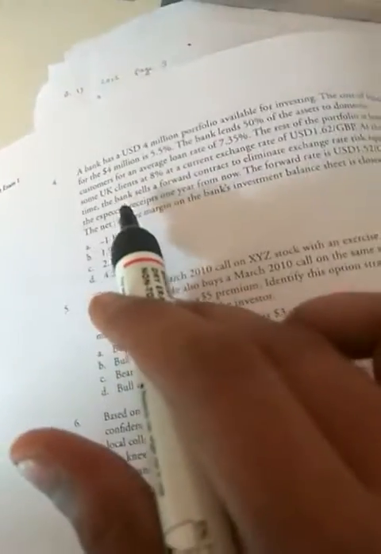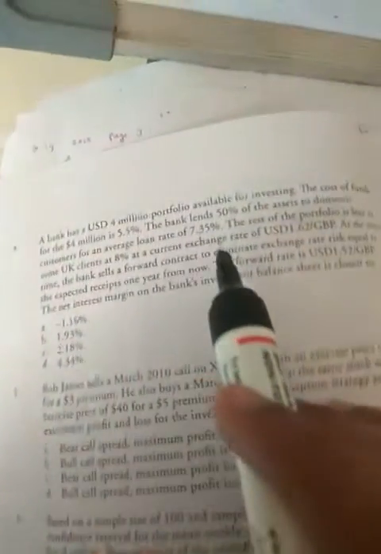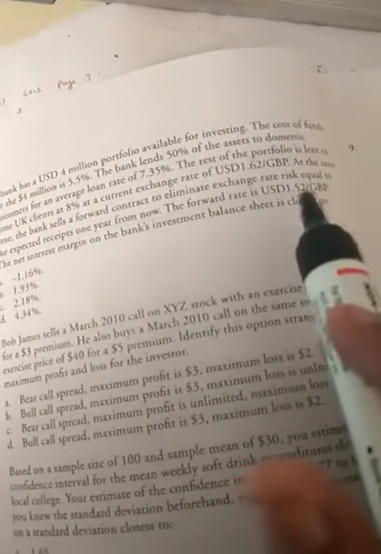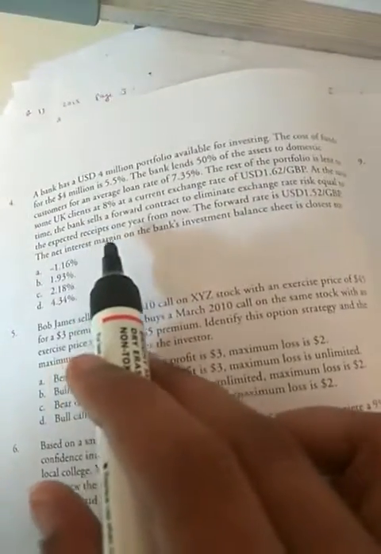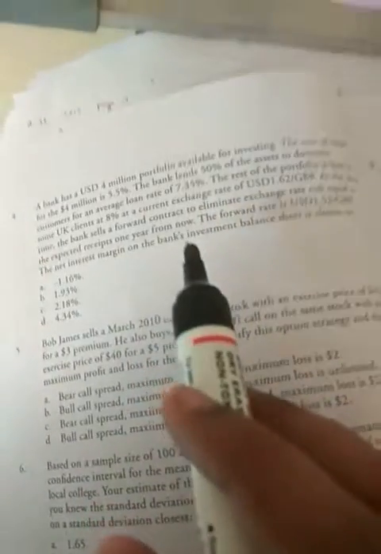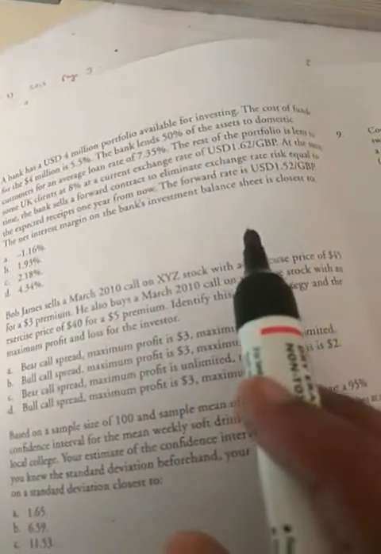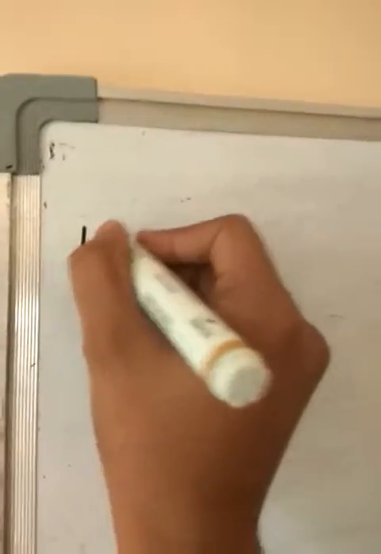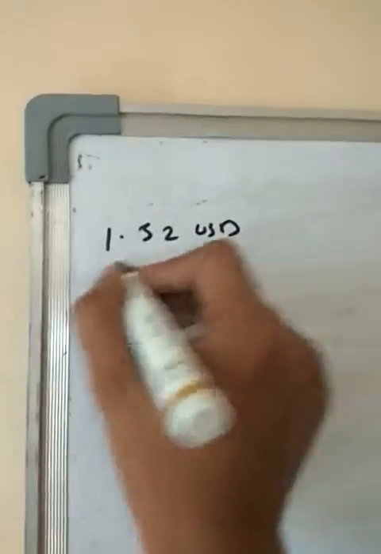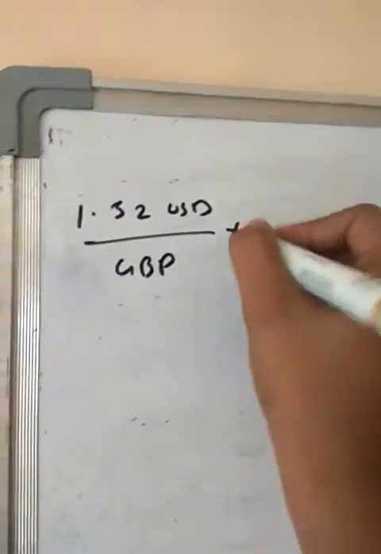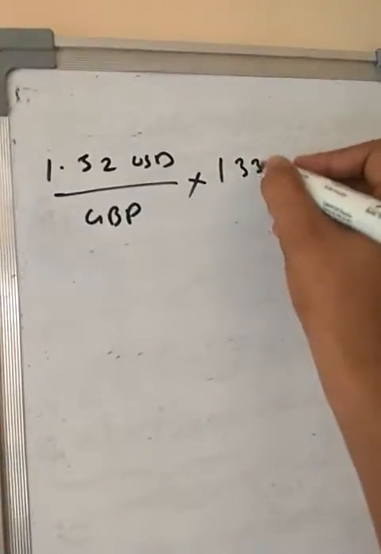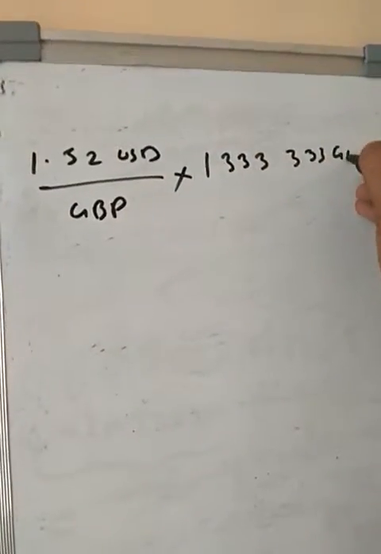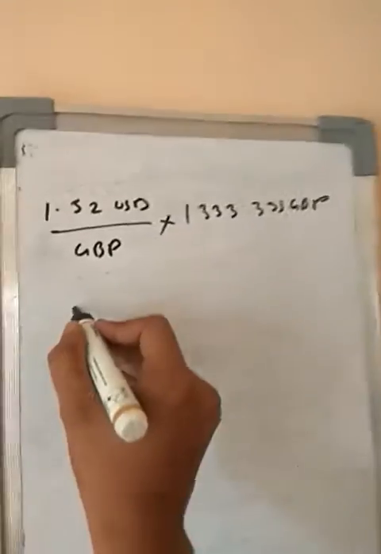We are going to read the question once again. At the same time, the bank sells a forward contract to eliminate exchange rate risk equal to the expected receipt 1 year from now. So the bank has sold one forward contract at a forward contract rate of 1.52 USD per GBP. So 1.52 USD divided by GBP, into the expected amount after 8%, 1,333,333 GBP.